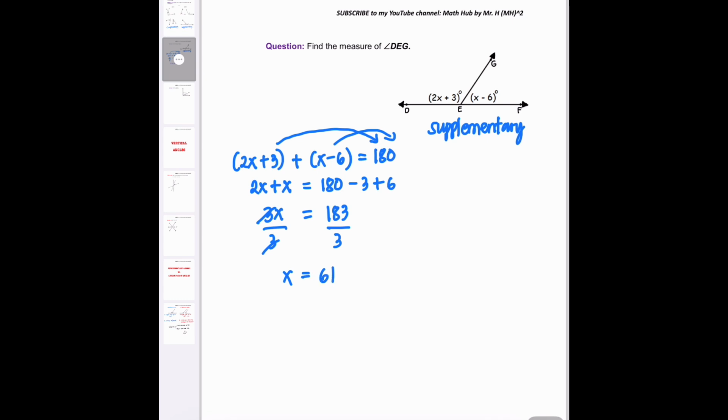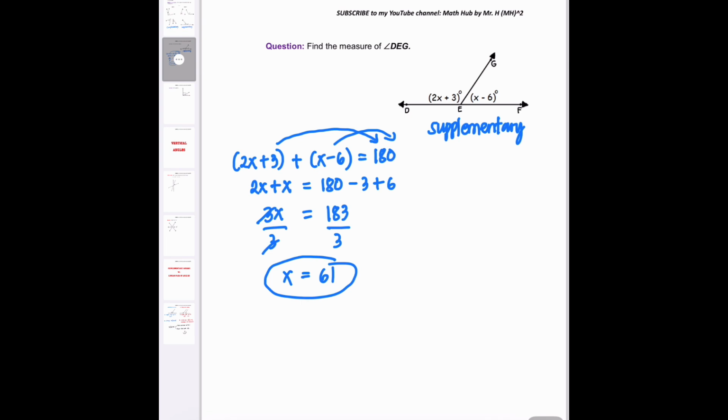The process doesn't stop here because the question asks us to find the measure of angle DEG. After finding the value of x, which is 61, we identify the measure of angle DEG by simply substituting the value of x into the expression representing angle DEG.